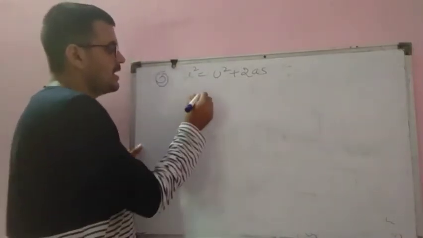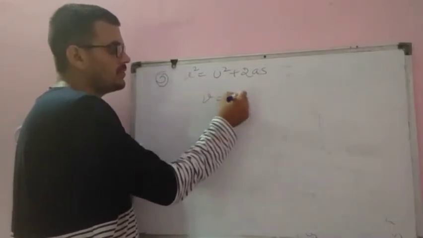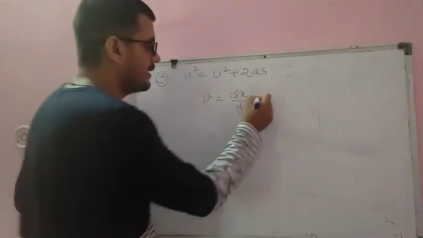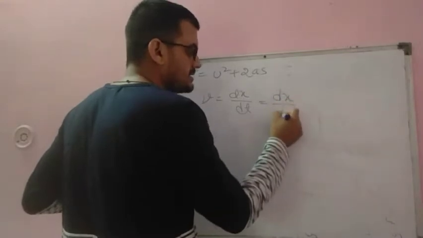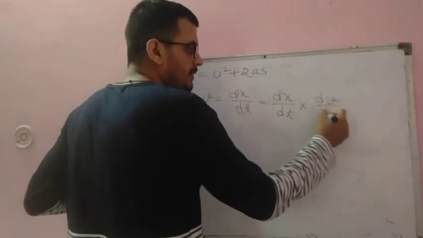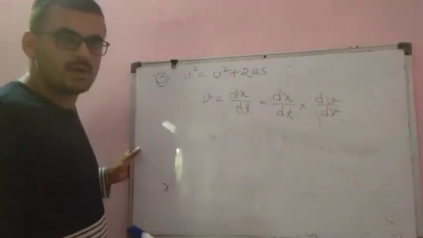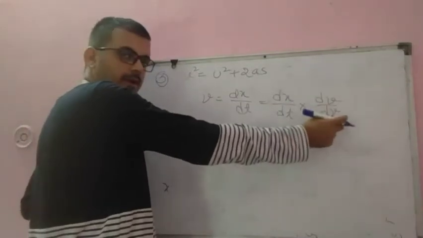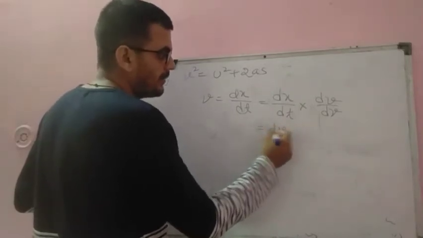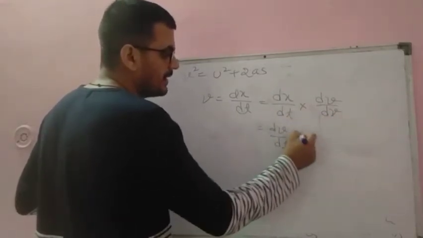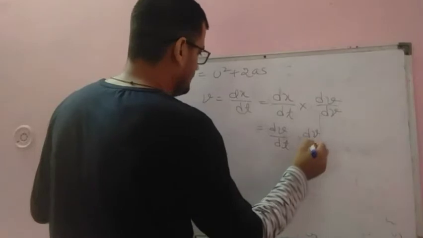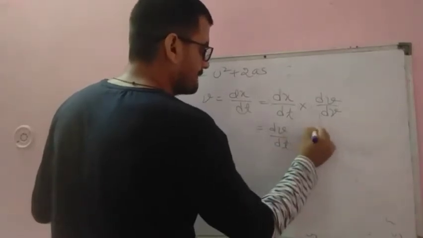For this, again we will take v equal to dx over dt. Now write it like this, dx over dt. We will multiply it by dv and divide it again by dv. So write it like this: dv over dt into dx over dv.